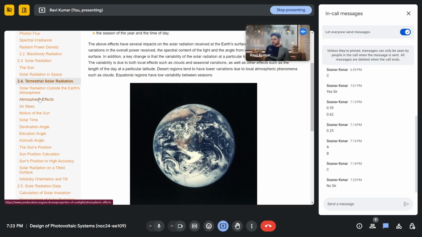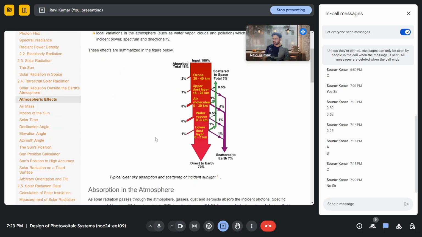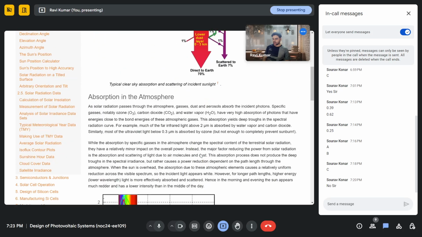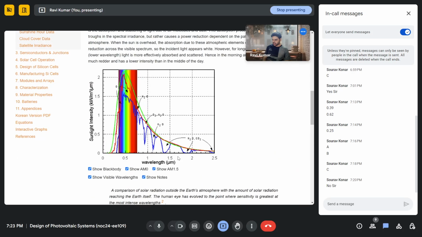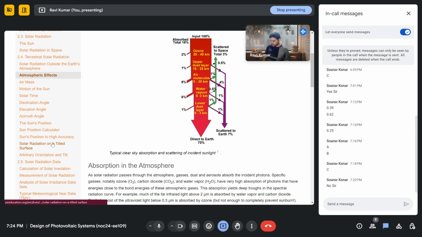All the things are here, like the atmospheric effect, how much radiation comes. You can play with these animations and see this is AM0 radiation, this is AM1.5 radiation, this is the visible range, you can remove it, and this is the black body radiation. This is all about the basics.